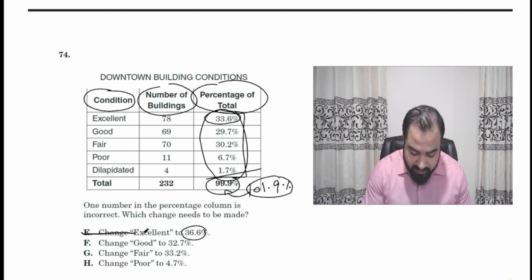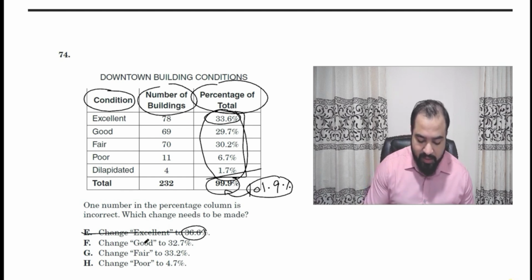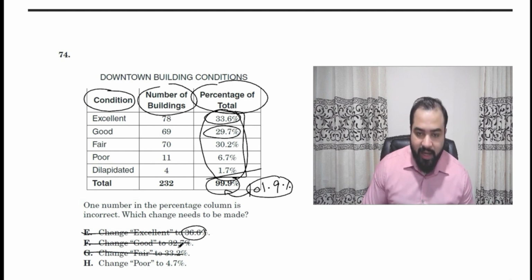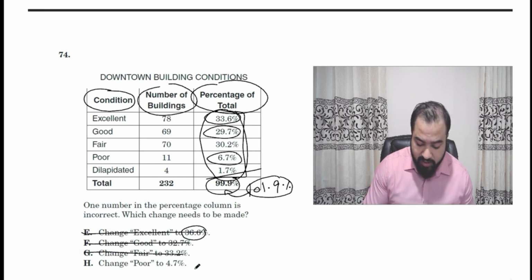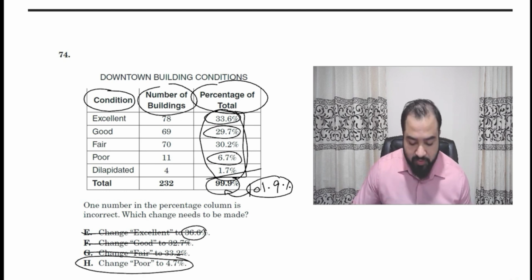So definitely it's not E. F is recommending change good to 32.7%, but good is 29.7%. This is also recommending an increase, which we don't care about. G is also recommending an increase. So let's take a look at H. It says change poor to 4.7%. Poor is 6.7%. We can reduce it to 4.7%. All right, perfect. So we'll go for letter H. That's the answer.